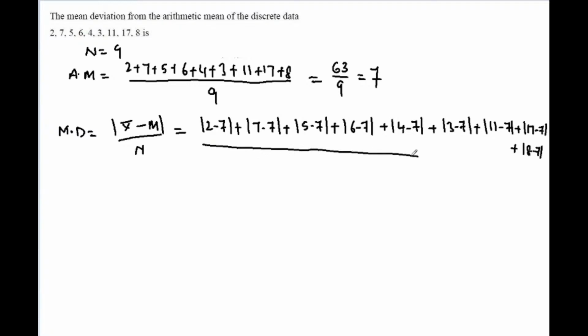N value is 9. Modulus of 2 minus 7, the value is 5. Modulus of 7 minus 7, 0. Modulus of 5 minus 7, 2. Modulus of 6 minus 7, that is 1.